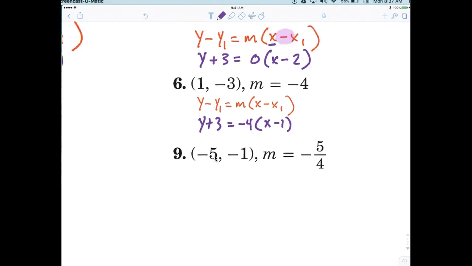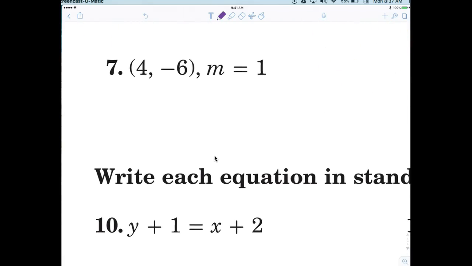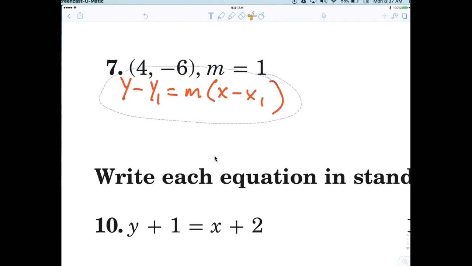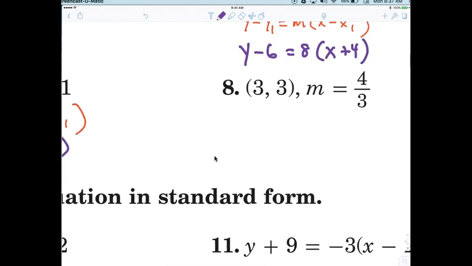All right. Number 7, Pickens. Okay, so it's y plus 6 equals 1 times x minus 1. Yeah, you guys, I'm not understanding some of you. Demo, number 8.